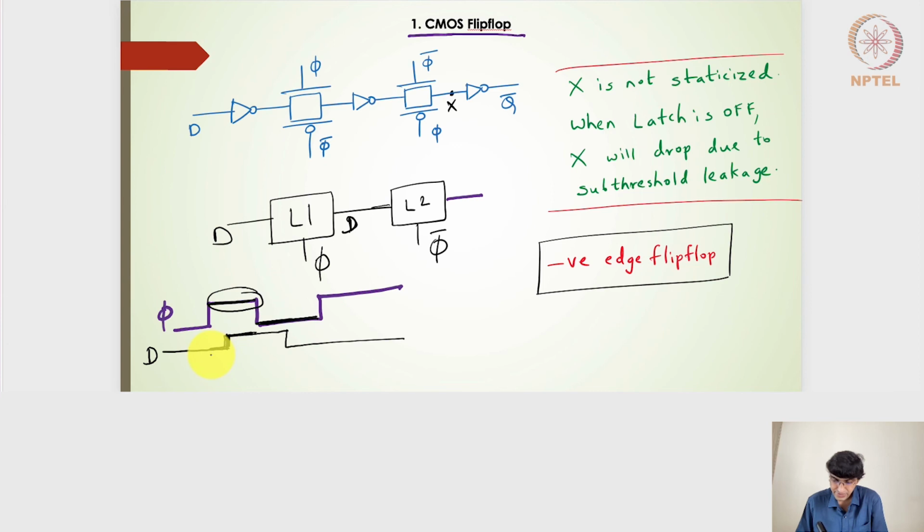So whatever has passed from 0 to 1, in this case 1, has to wait till the negative level of the clock has been reached, because that is when L2 is going to pass the signal from the input to the output. So the input is passed to the output from the positive level to the negative level. During this transition from the positive to the negative level, the input of the first latch will be passed to the output of the second latch.